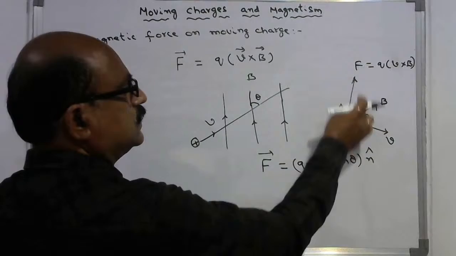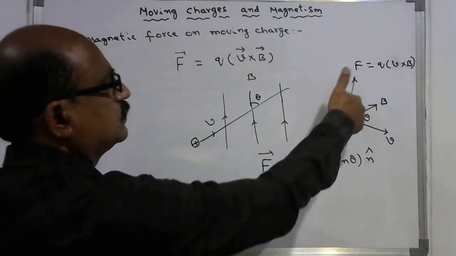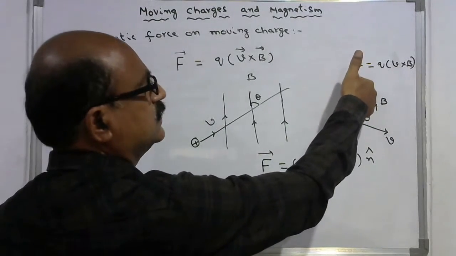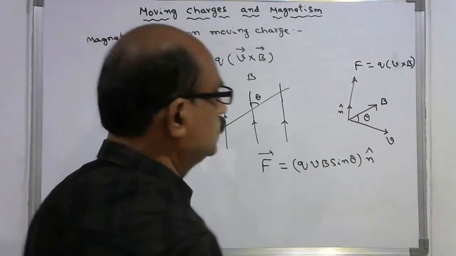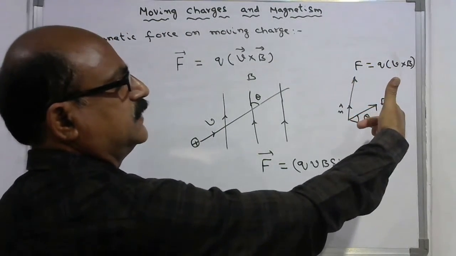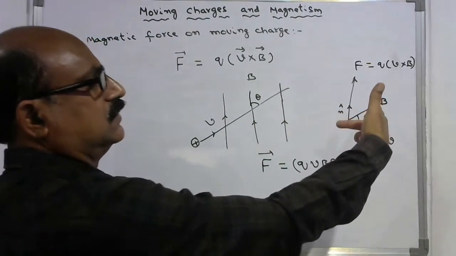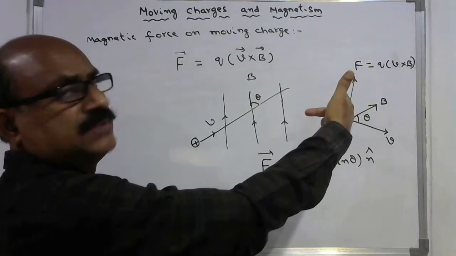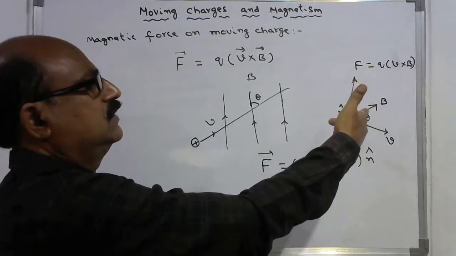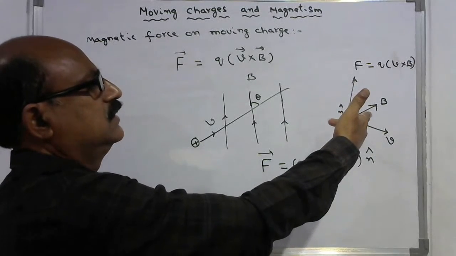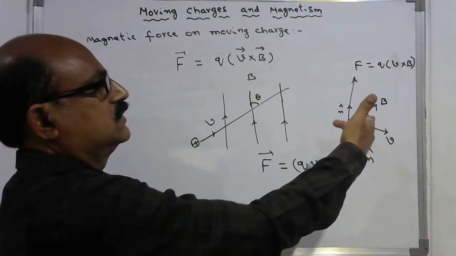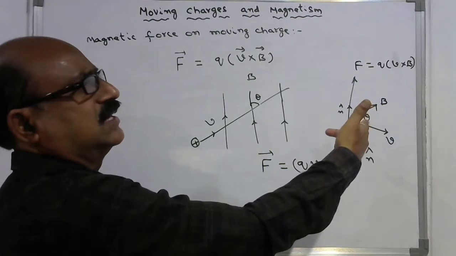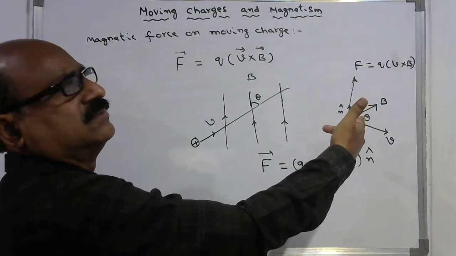So this can also be expressed in terms of the right hand thumb rule. Just represent the thumb, index finger and middle finger mutually perpendicular, or you can also make some angle between any two fingers, with one normal to the other two.